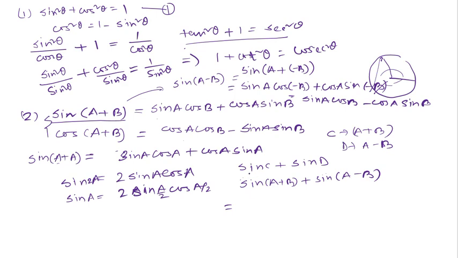Now sin C plus sin D is sin (A plus B) plus sin (A minus B).